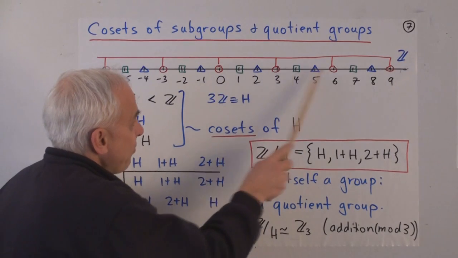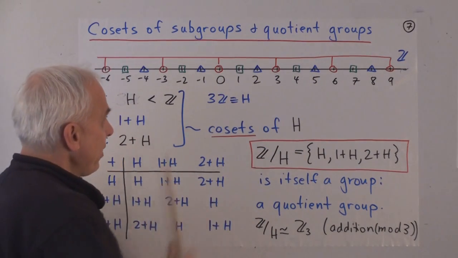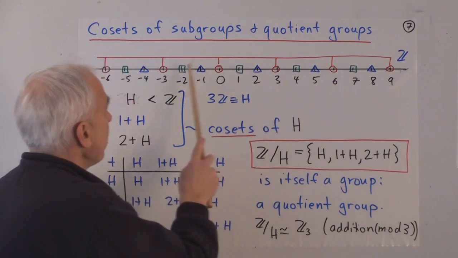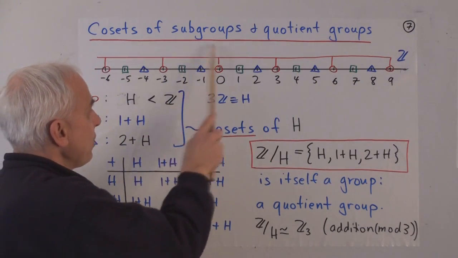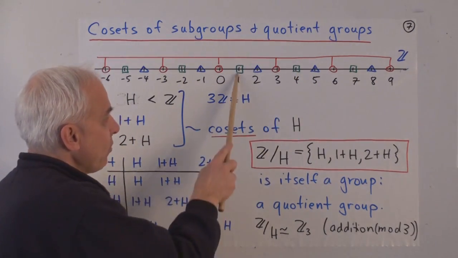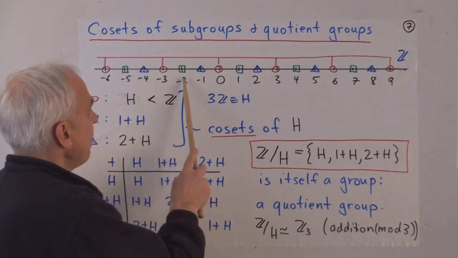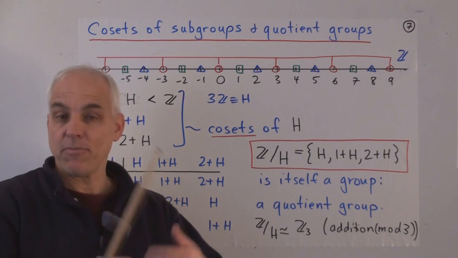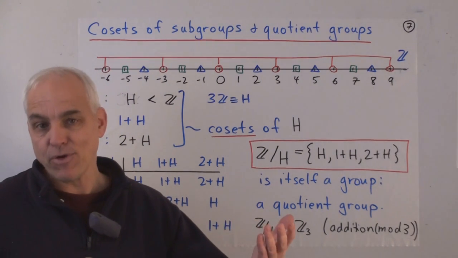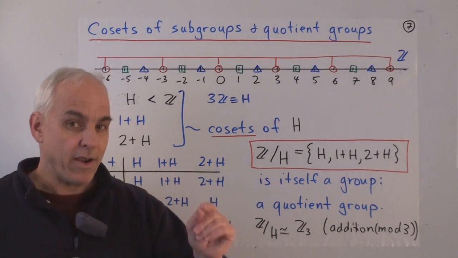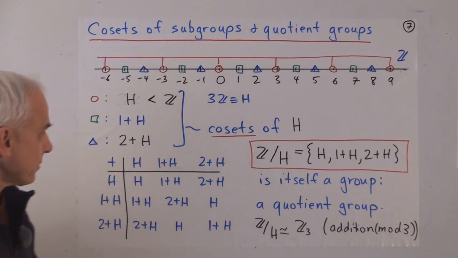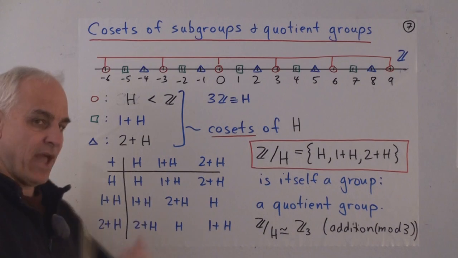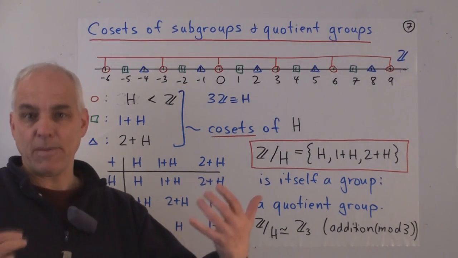So we take the red points, we move them all over by 1, we get the green squares. Also spaced equally 3 apart, containing 1, 4, 7, minus 2, minus 5, and so on. Arithmetically, these are just the numbers which are congruent to 1 mod 3. So let's denote by 1 plus H that type of number.